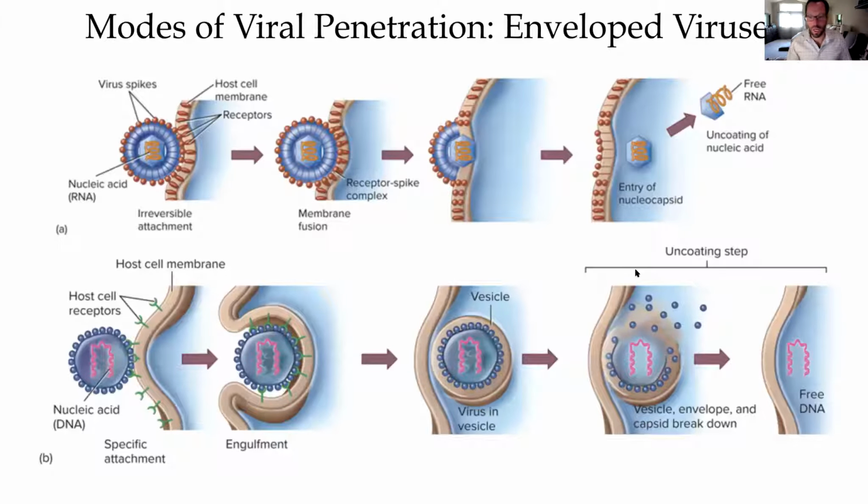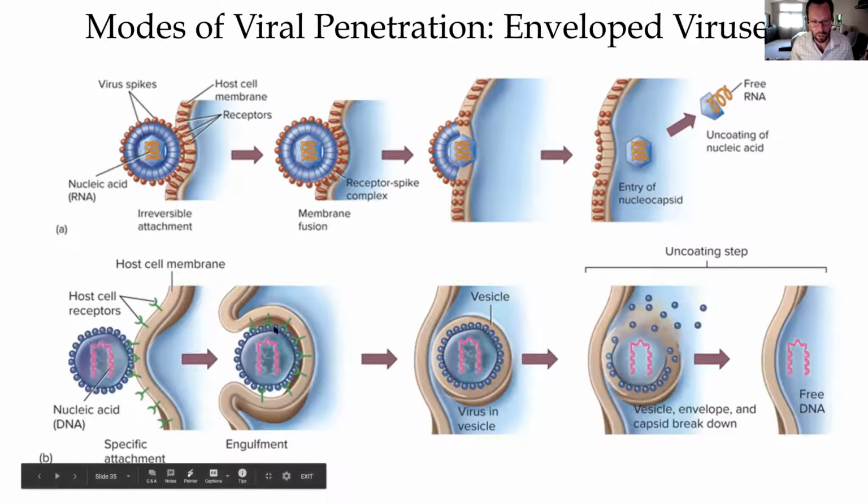And then there are two different pathways depending on if you're the RNA flavor or the DNA flavor. But essentially, you're going to bind to the cell. You're going to be internalized, in this case, engulfed.